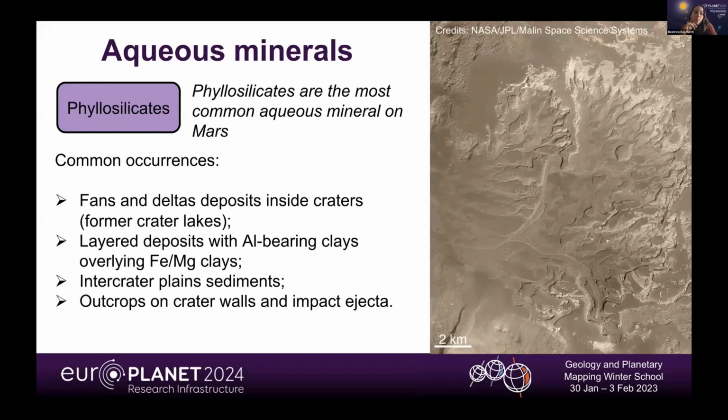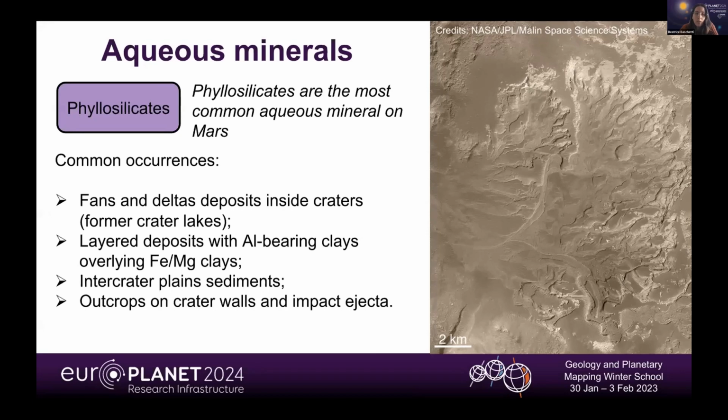Clays on Mars are found basically in any setting, but in particular, they are found in fans and delta deposits inside craters. It means that these craters were filled with water, that they were former crater lakes. They are also found in layered deposits, and usually in this case, we have both iron-magnesium-rich phyllosilicates and aluminum-rich phyllosilicates.